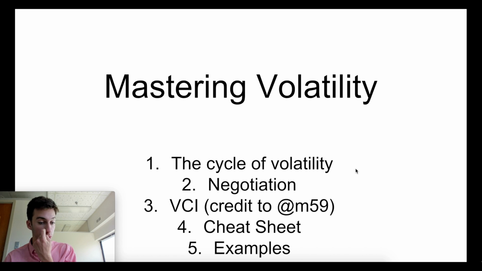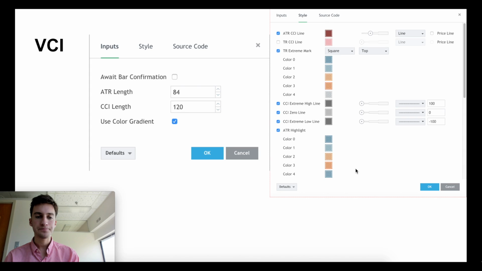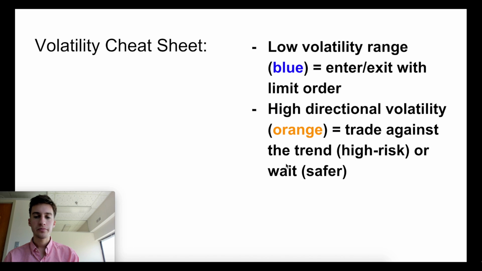That can be one spot where we trade against the trend. We also had a cheat sheet where we talked about, again, the negotiation tactics of the market, where we want to enter, exit in blue, and we want to wait until we get low volatility again, unless we want to make an advanced play here.